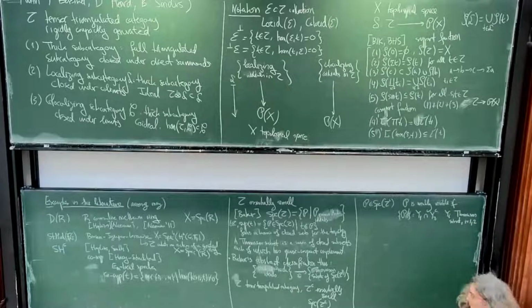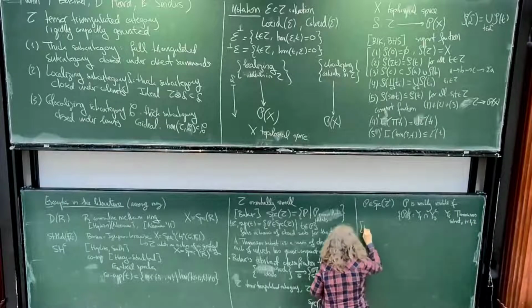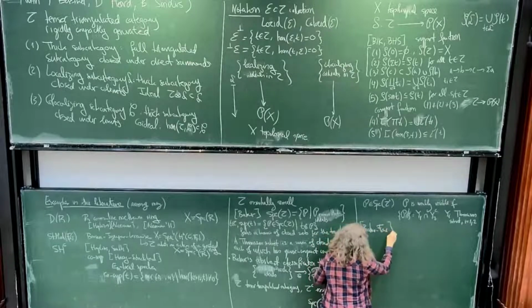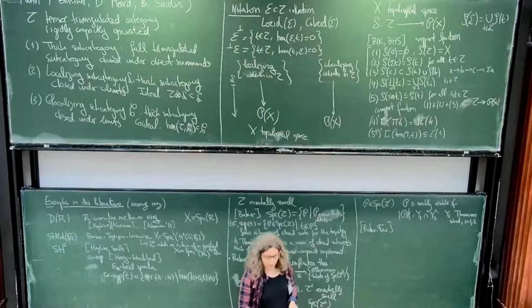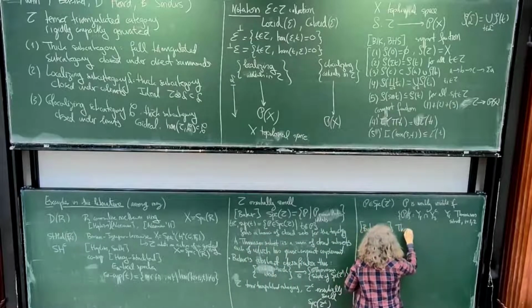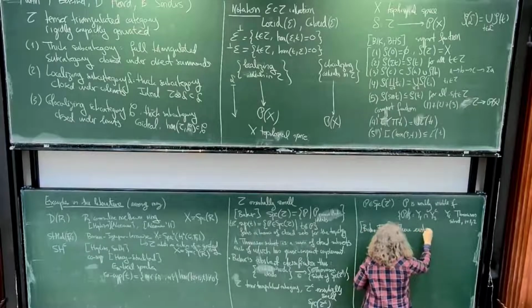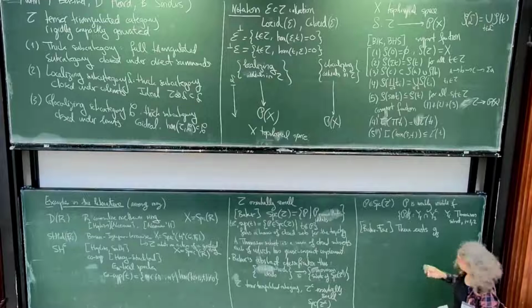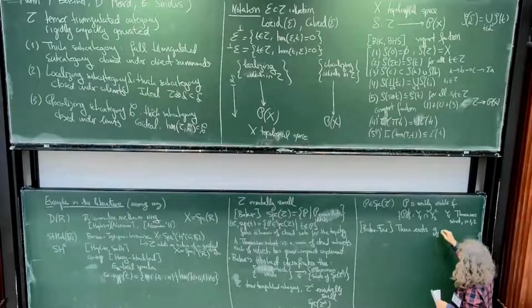And in this situation, Balmer and Favi construct an idempotent in the category. There exists an idempotent associated to this prime.